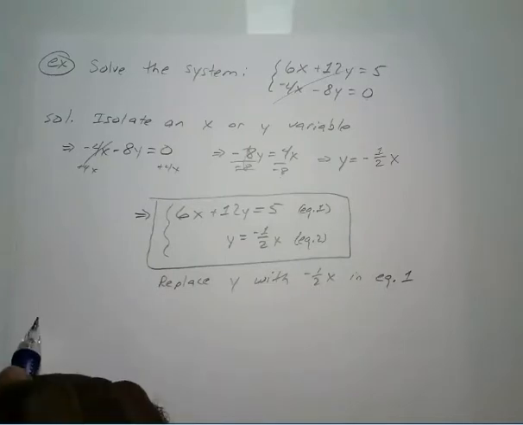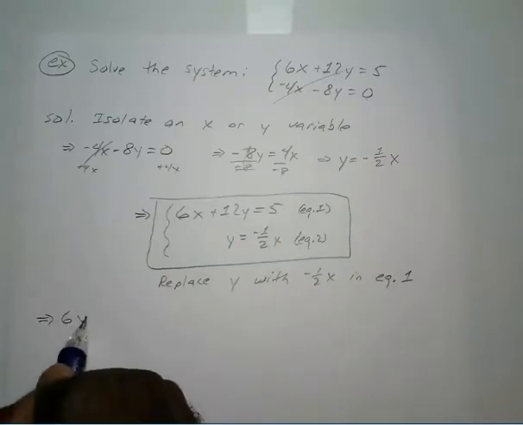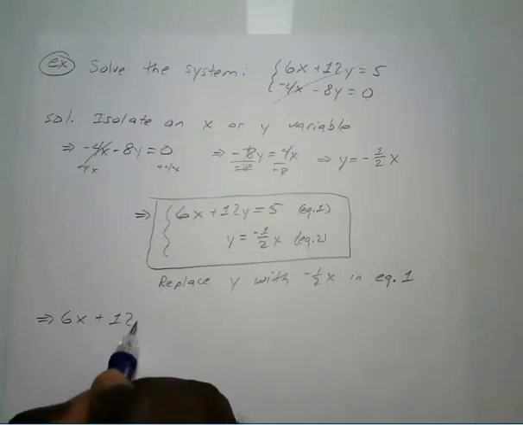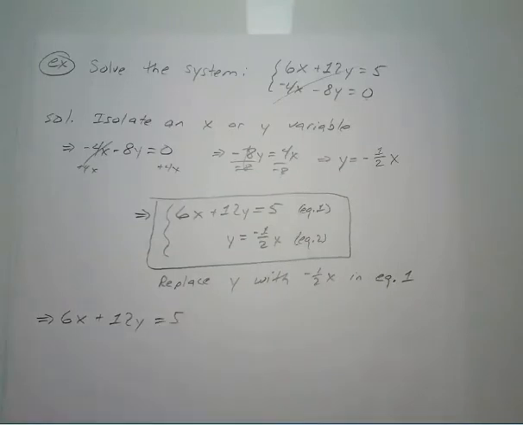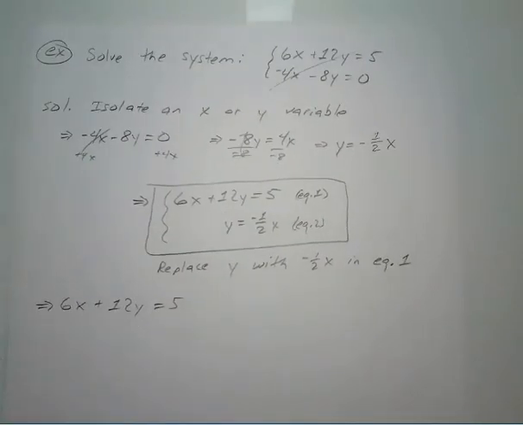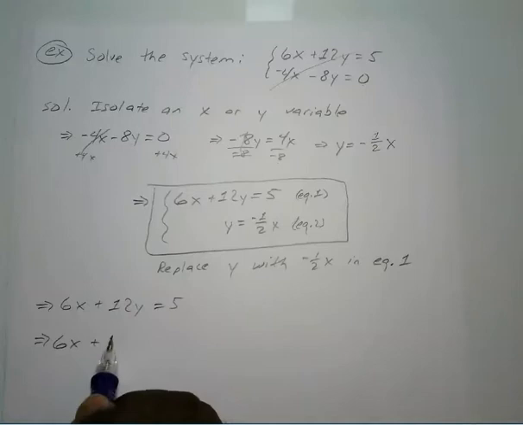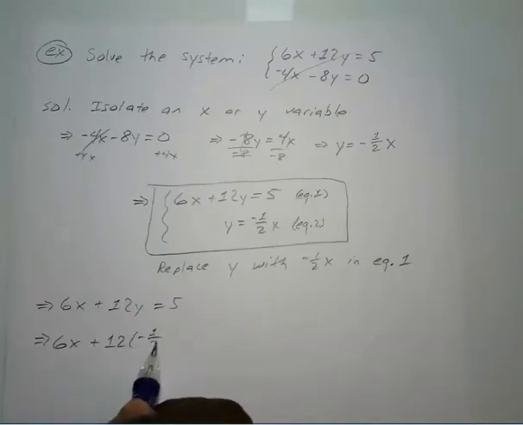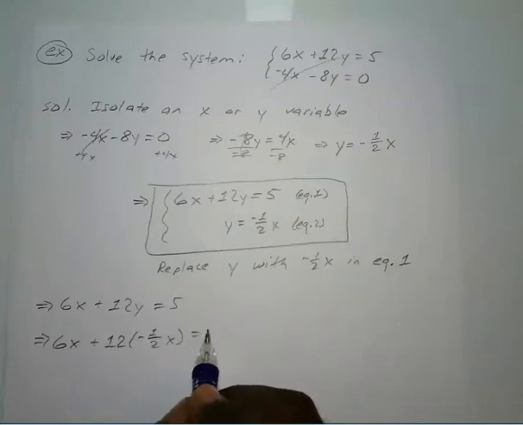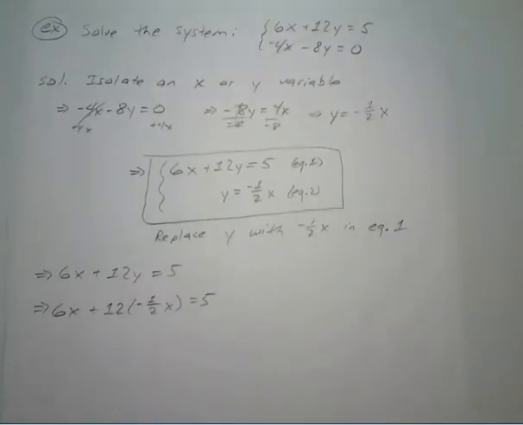Okay, so remember we have our 6x plus 12y equals 5. And since y is equal to negative 1/2 x, we have 6x plus 12 times negative 1/2 x equals 5. Move that up a little bit.